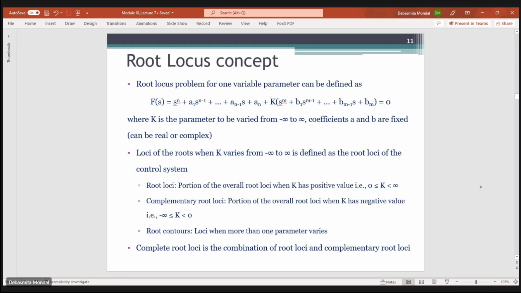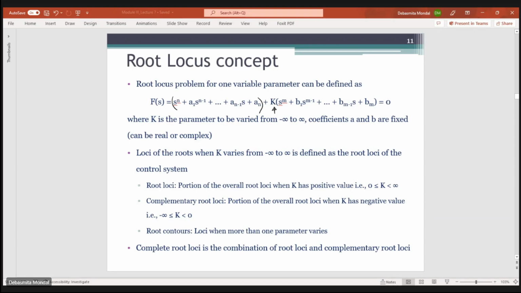Let us say you have been given a characteristic equation F(s) of this form: s to the power n plus a1 s to the power n minus 1 till an, plus k into s to the power m plus b1 s to the power m minus 1 till bm. k is the parameter which is being varied from minus infinity to plus infinity, and all the coefficients a1 till an and b1 till bm are fixed. They are not changing. The only thing changing in this equation is the value of k.